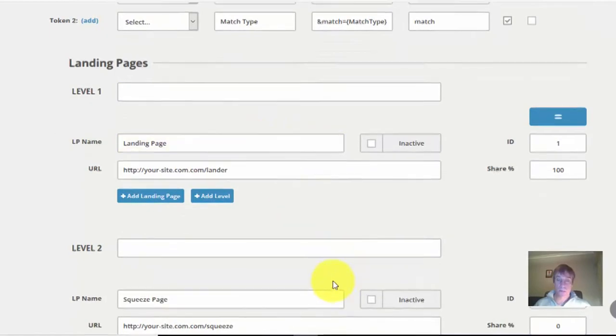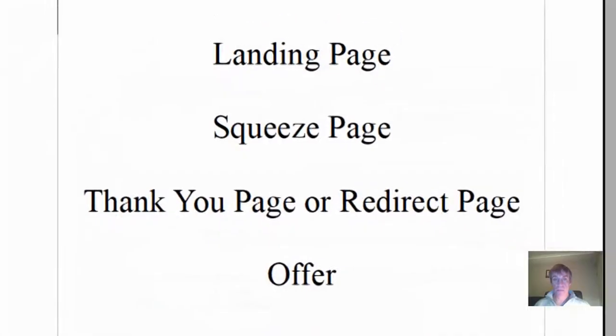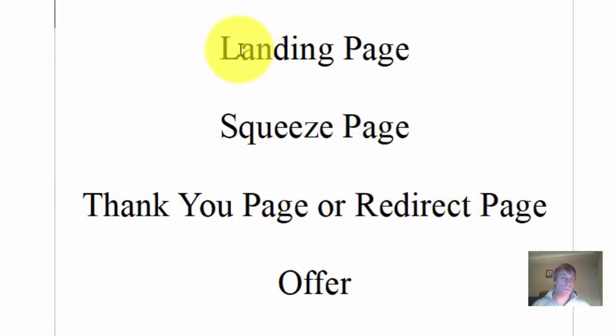Now let me just pull up the, okay, so this is what our whole funnel is. So we've got a landing page, so they've clicked on the Bing ad and this is the first page they see.